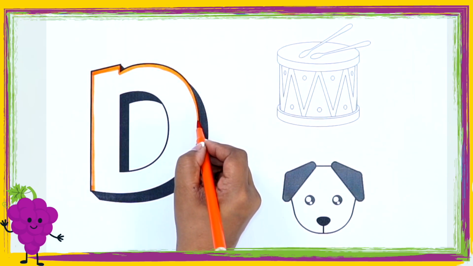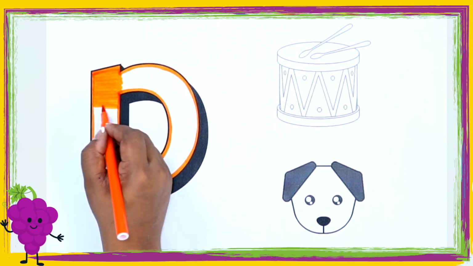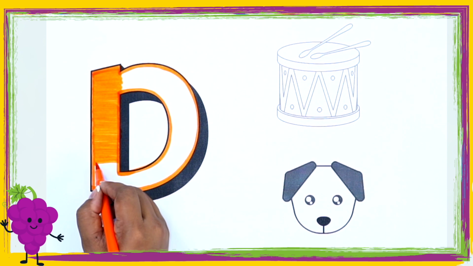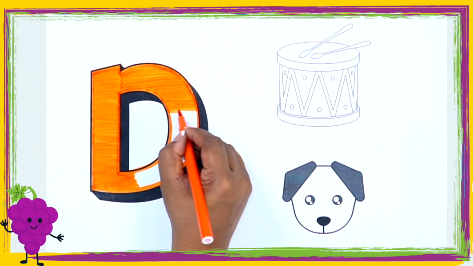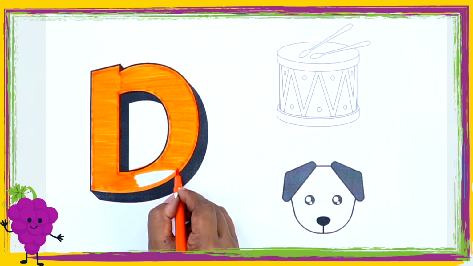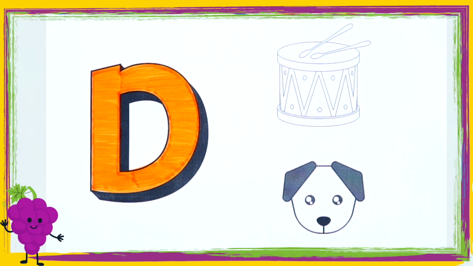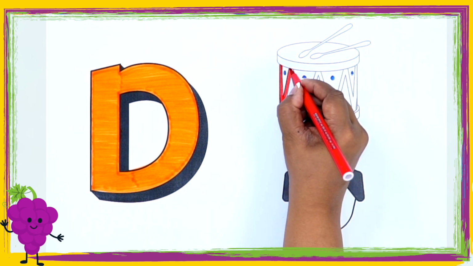Let's color the alphabet D and learn what comes from the alphabet D. D. This is a drum. D for drum.